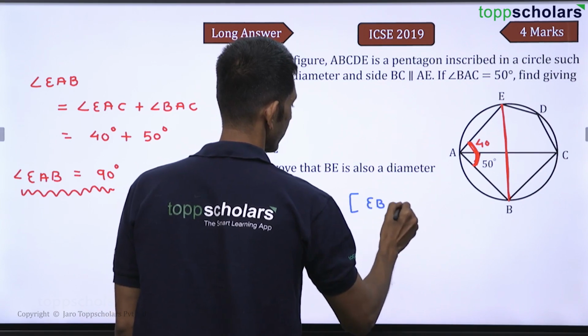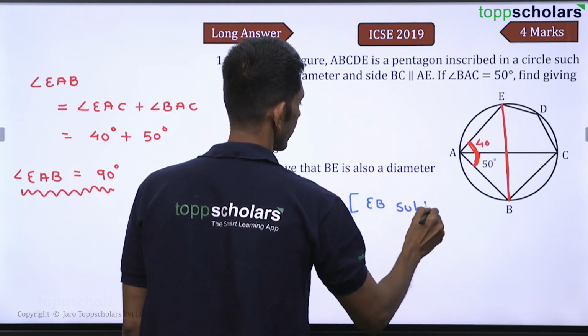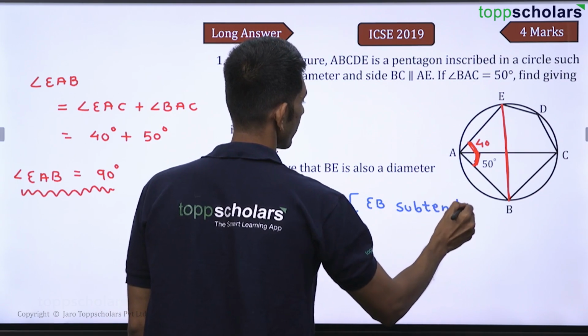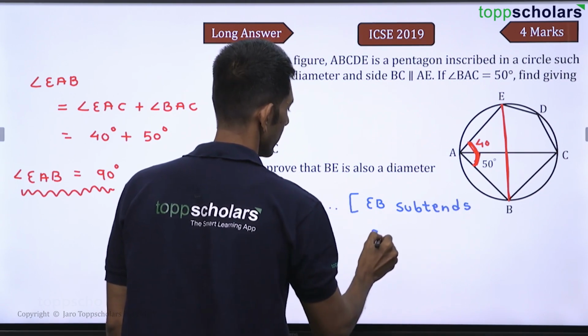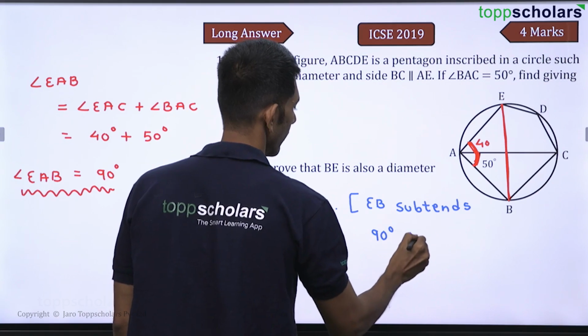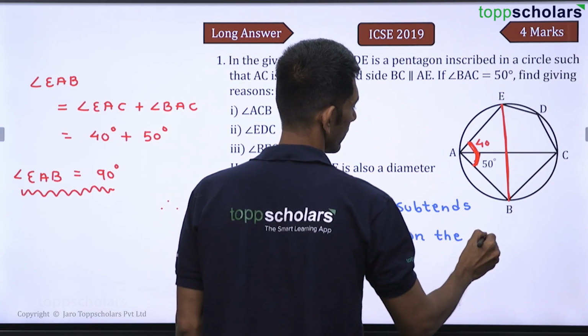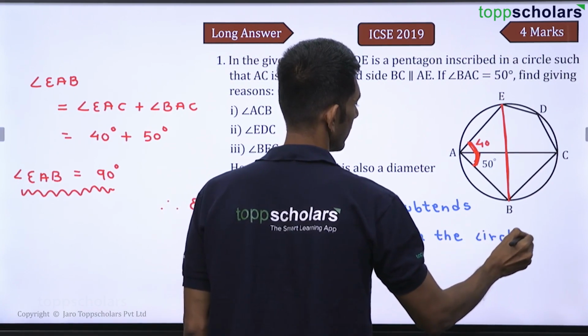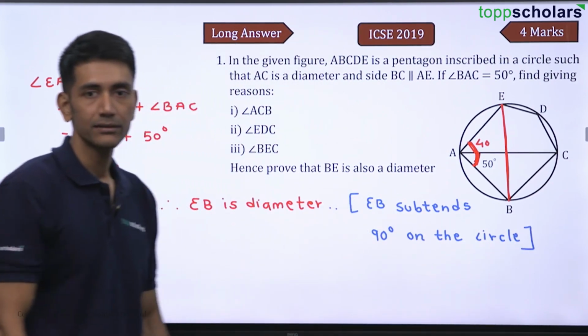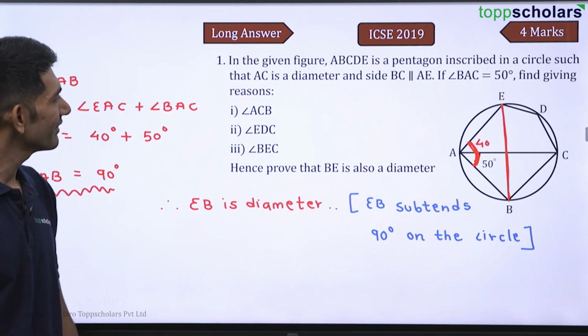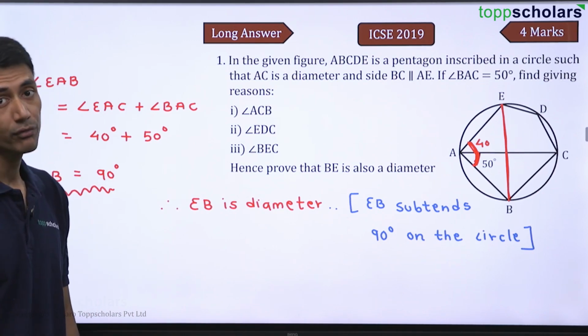EB subtends 90 degrees on the circle. That is why it is a diameter. That's it. So we have proved this as well. Very easy, very simple, right? All the 4 parts for 4 marks.